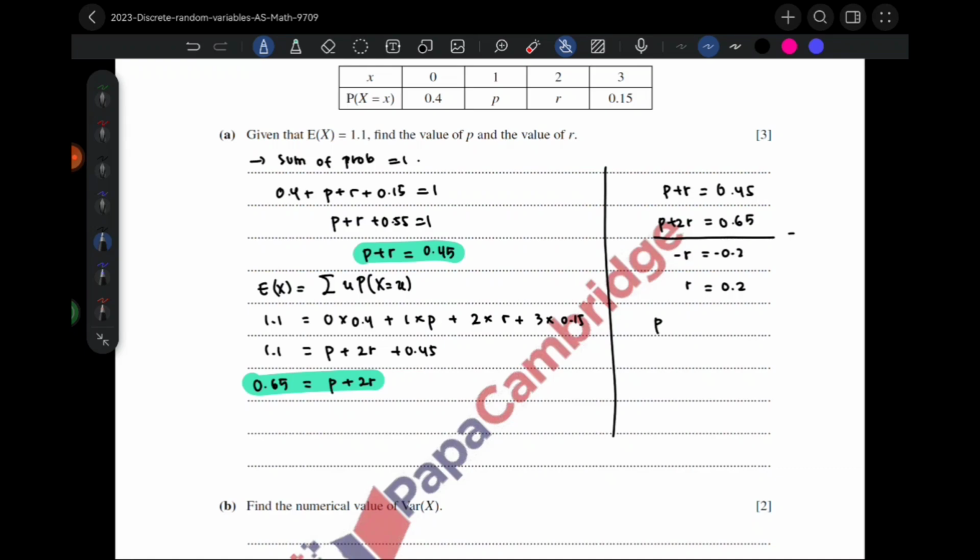For p, I'm going to substitute into the first equation: 0.45 minus 0.2, so p equals 0.25. So we have these values of p and r.